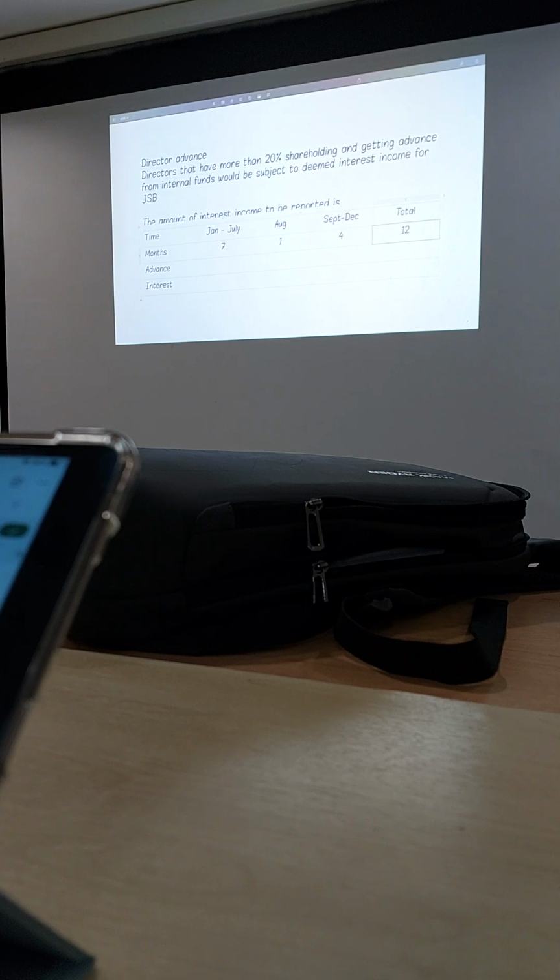Okay, now I give you the tip already. Please calculate. 12? 7, 1... 6 months, 7 months. 12.